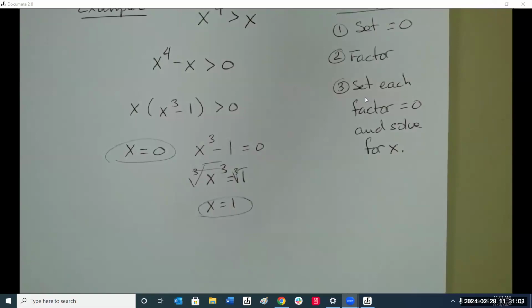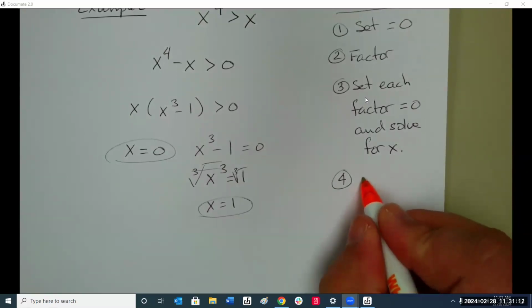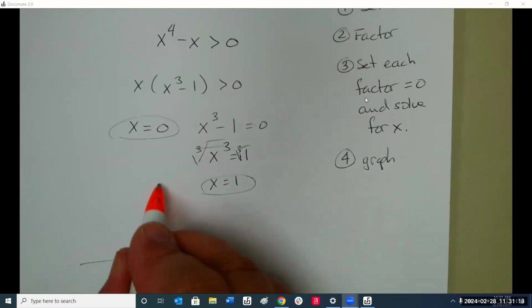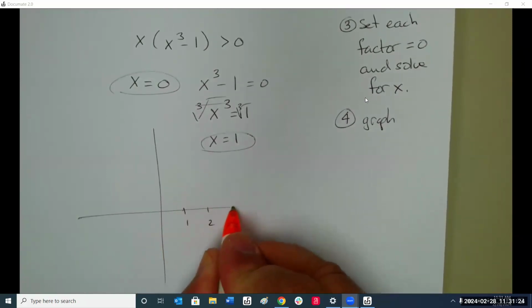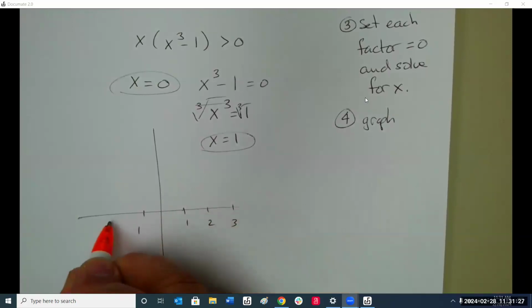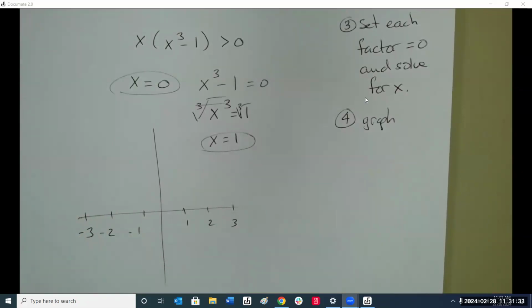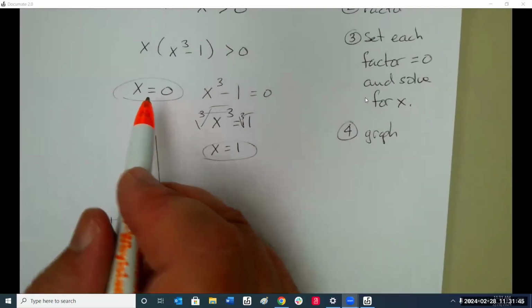Now what? What's the y-intercept? Well, whenever x equals 0, y has to equal 0.